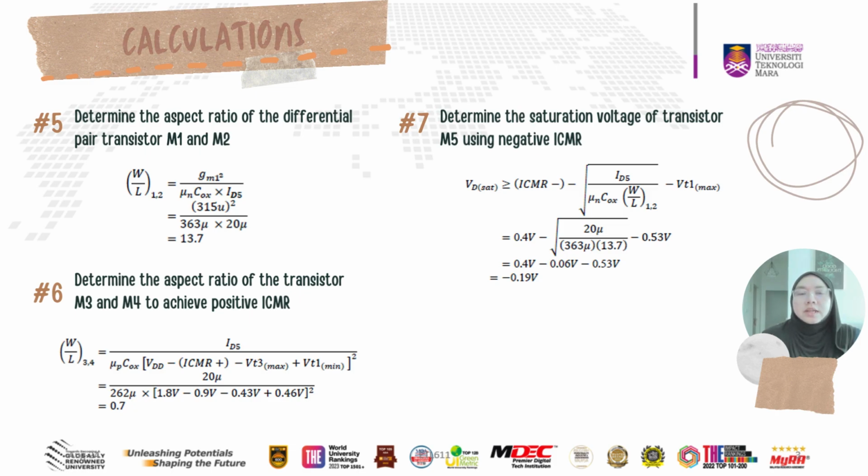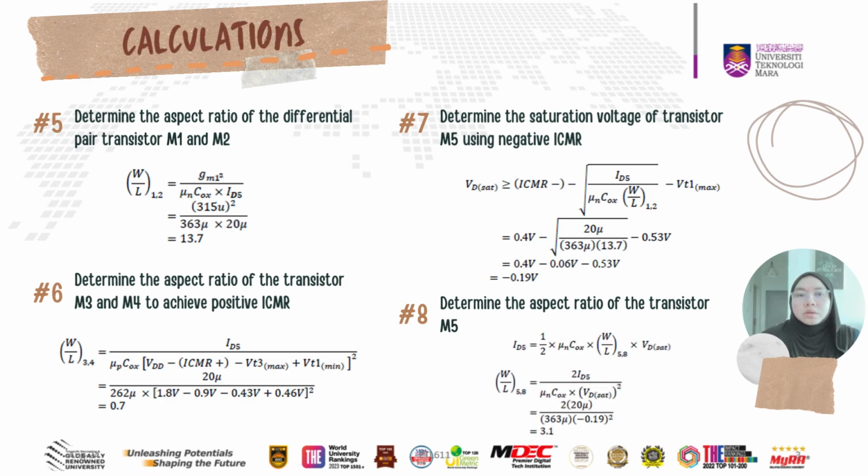And the last step is to determine the aspect ratio of the transistor M5. With the given formula, we will rearrange it and calculate the W over L for transistor M5. The ID5 that we use is the one that we have calculated.